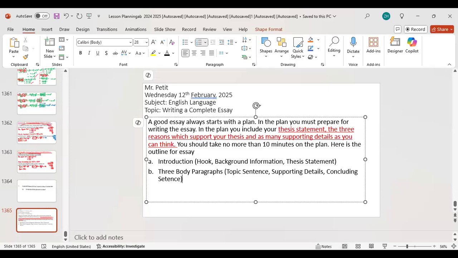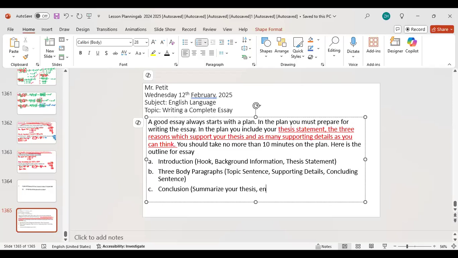Then after that, you have the what? The conclusion. In the conclusion, you're going to summarize your three points or your thesis.